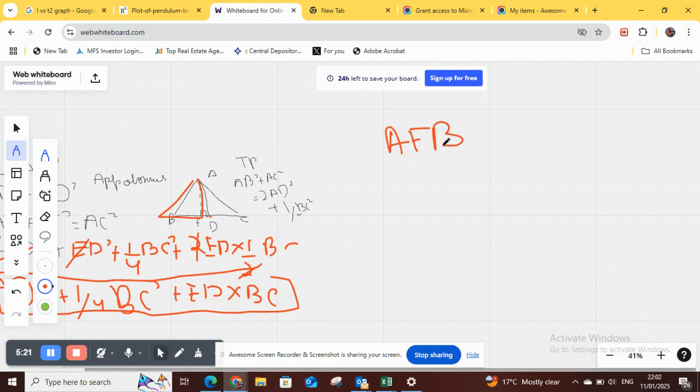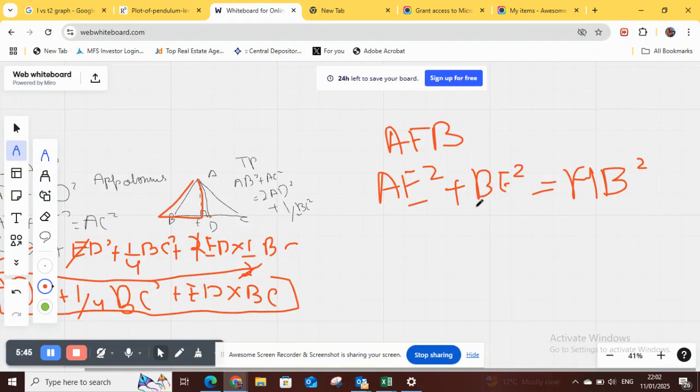AEB triangle. So as you all know, AE squared plus BE squared is equal to AB squared. We all know that obviously. Now what is actually BE squared?